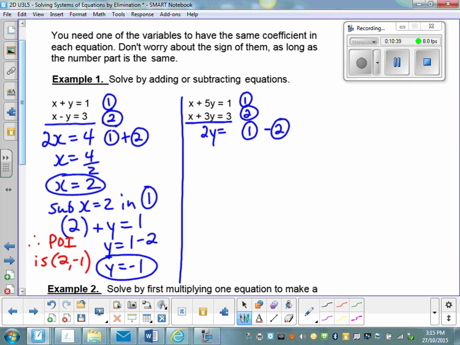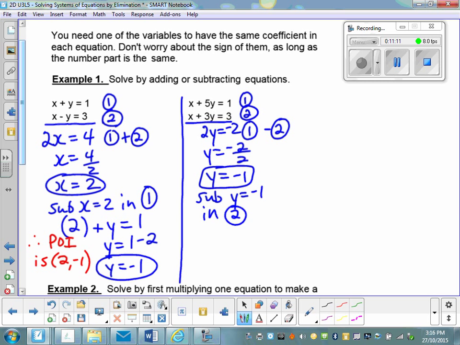And 1 subtract 3 is going to be -2. So we isolate the y here, so -2 divided by 2, so y equals -1. And then we're going to sub y equals -1 and plug that into equation 2.